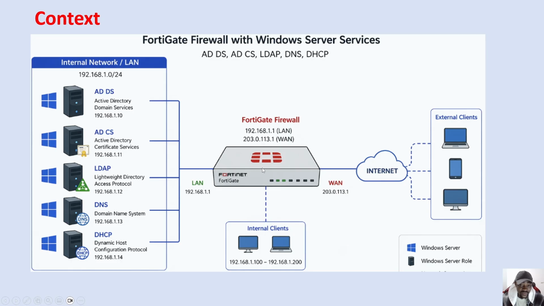So the role of our FortiGate firewall, as you all know, is to provide some security features so that we can control or monitor the traffic that goes from the internal network to the internet and vice versa.